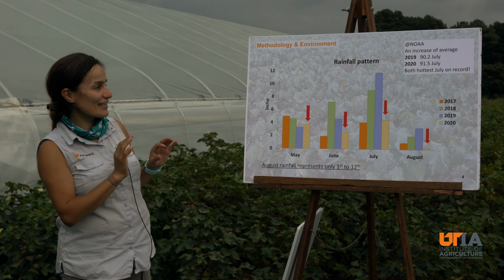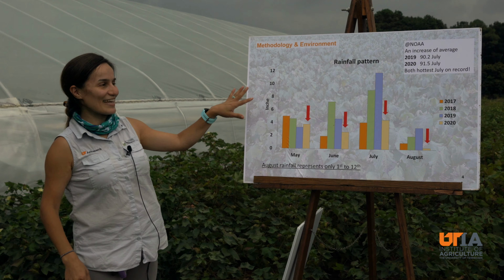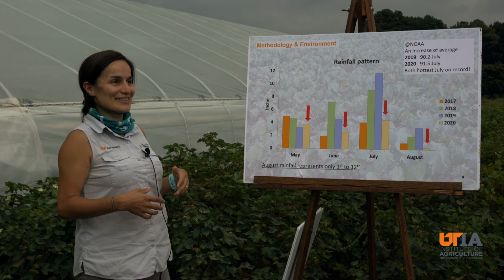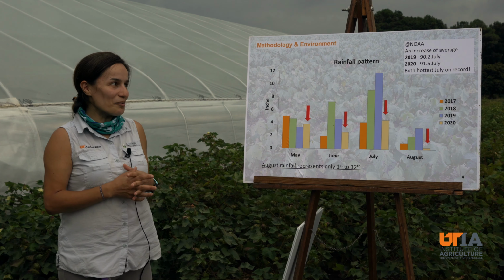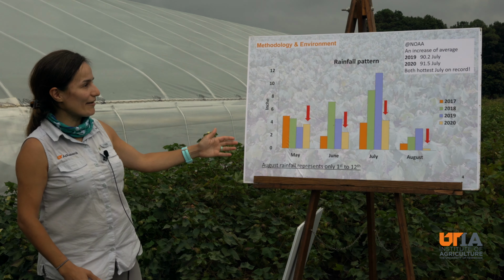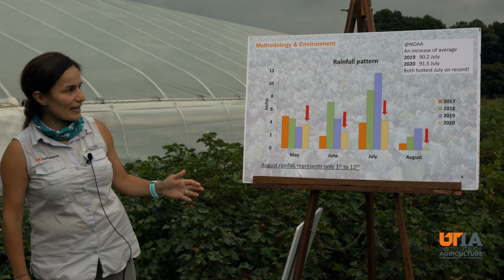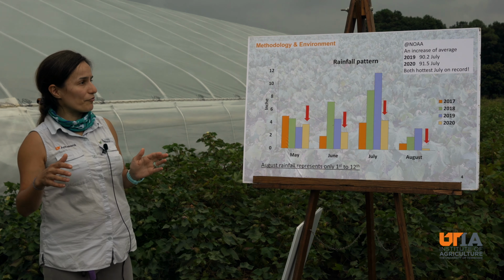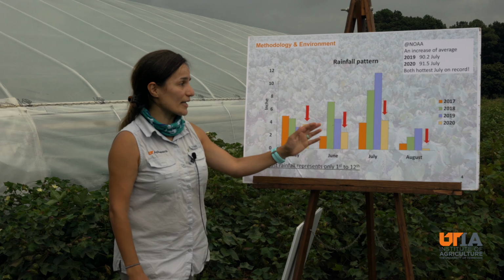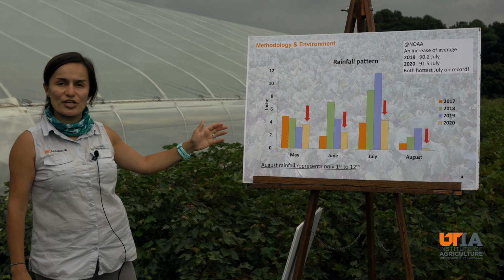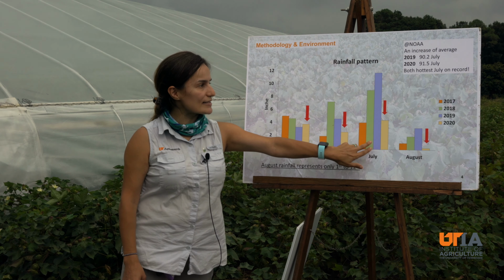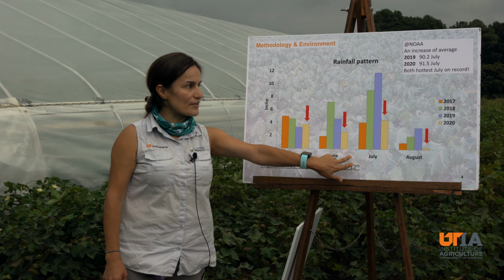So here, ta-da! It's very interesting looking at this fluctuation that we keep talking about, rainfall and temperature, and how variable that is. Look at this. This slide is showing 2017, 18, 19, and 20 in our field in Jackson. For each month from May to August, you can look at the change in the rate of rainfall. Just as an example, July 2019 versus 2020 or 2017.